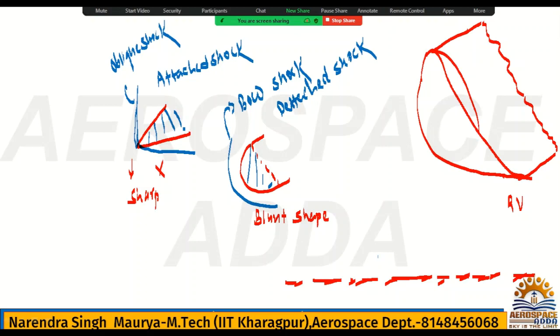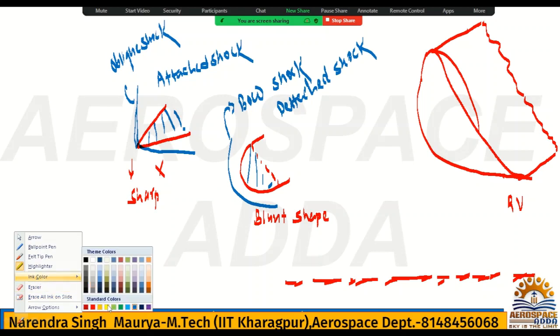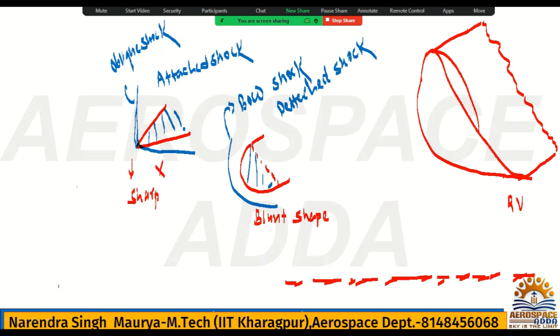What is the benefit? Suppose the vehicle is coming towards the ground with very high speed. Here is the oblique shock, and this is the surface of the shuttle or vehicle.